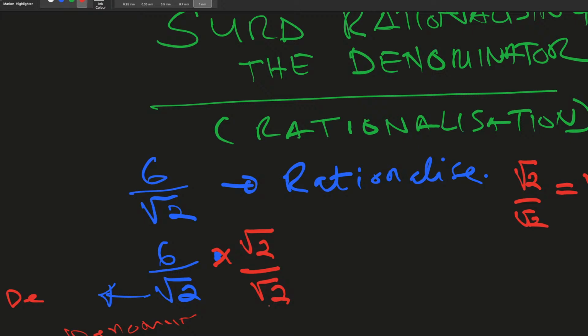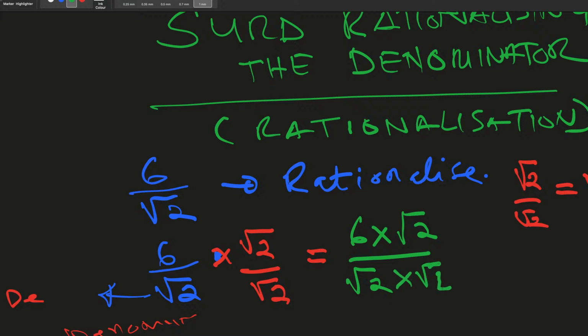Okay, but then I have to simplify it. When I simplify it, I know it means 6 is multiplying root 2 and is dividing the same root 2 times root 2.